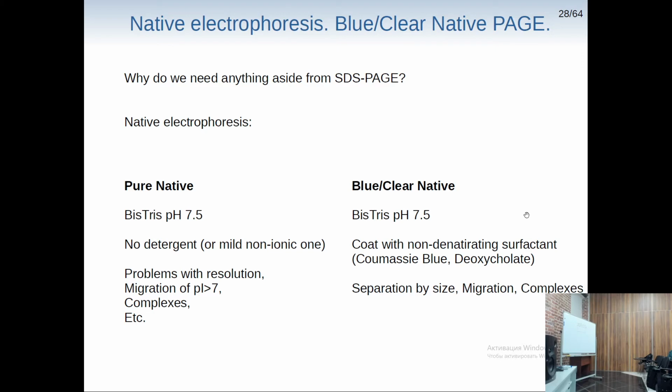If you have a solution of this dye at some small concentration, it will stick to our protein and add some charge, but Coomassie blue is not SDS, it will not denature our proteins. So we have a protein which is coated with some negative charge, which is possible to use for electrophoresis, but it will stay, we hope, in its native form. And even if a protein has a net positive charge, Coomassie blue molecules would be prevailing, there would be a lot more of them, and even our positively charged protein will, after this, have negative charge.